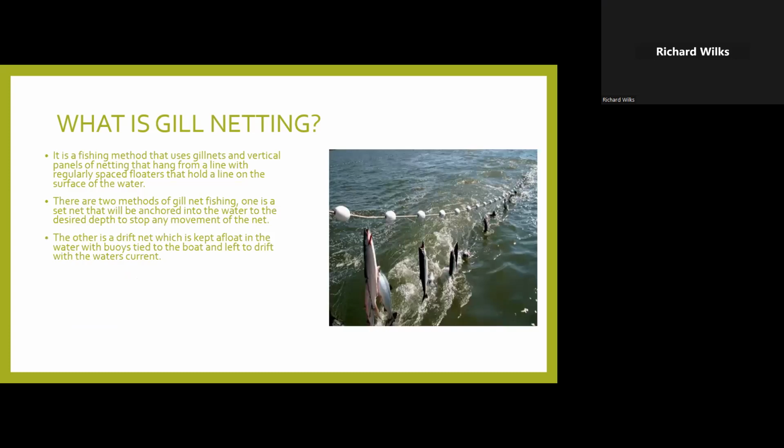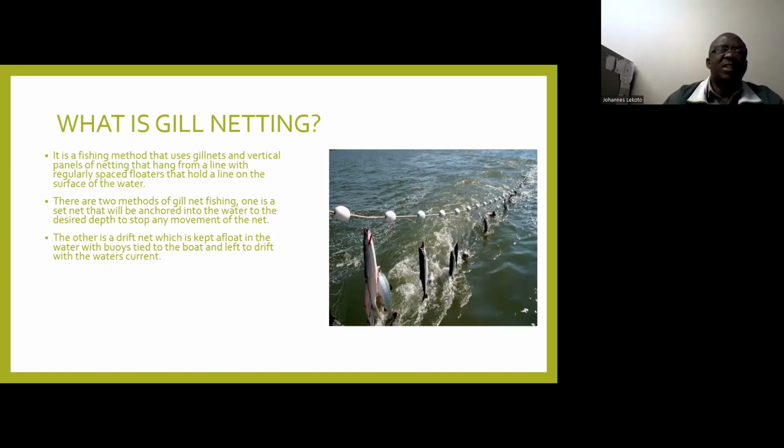Okay, we'll start here. What is gill netting? It is a fishing method that uses gill nets and vertical panels of netting that hang from a line with regularly spaced floaters that hold a line on the surface of the water. There are two methods of gill net fishing. One is a set net that will be anchored into the water to the desired depth to stop any movement of the net.